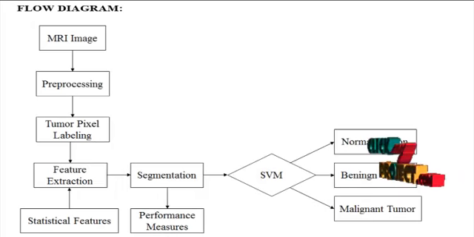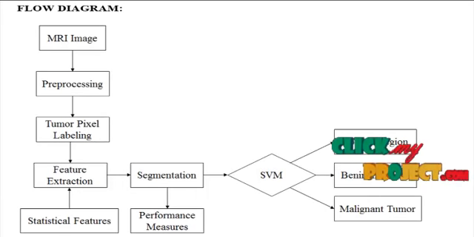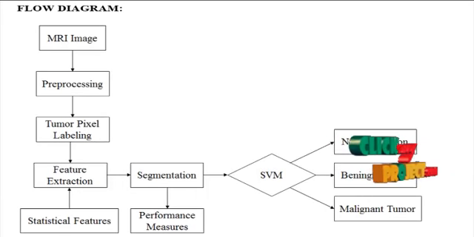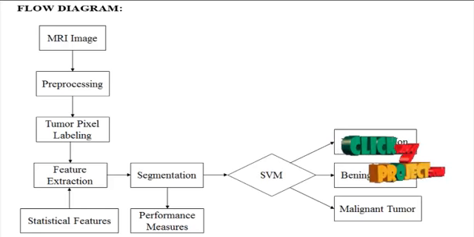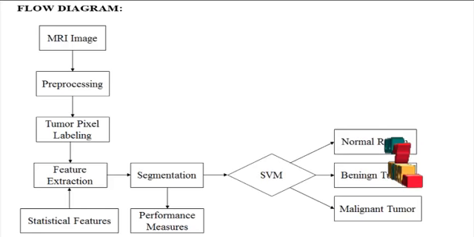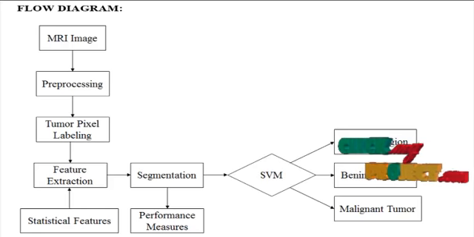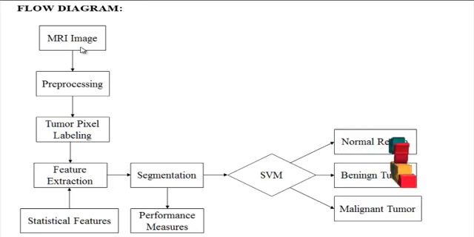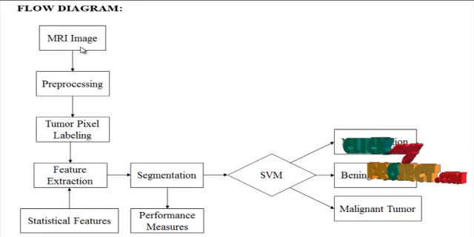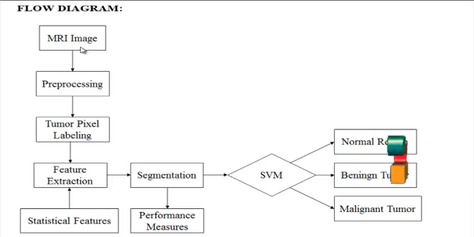Let us see the flow of the process. This process is based on the segmentation of the needed portions from the images based on classification methodologies. Here the input MRI images were obtained. We have used the MRI of the breast region.